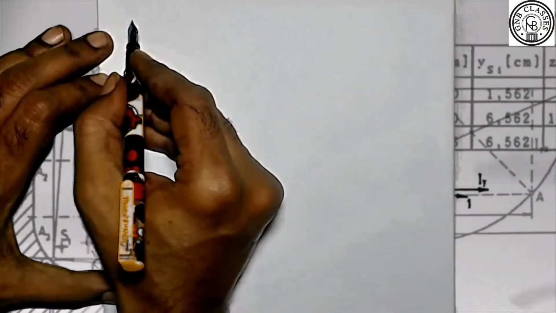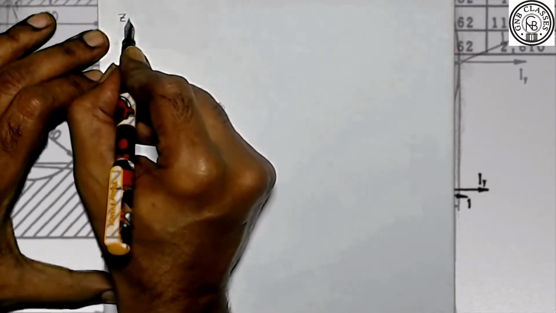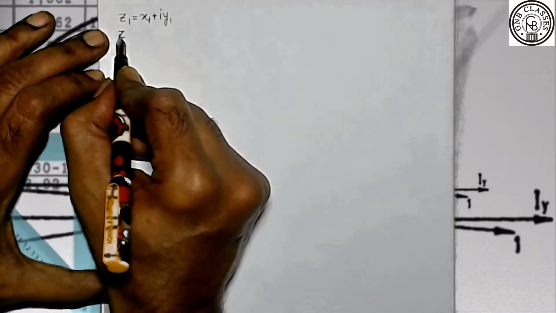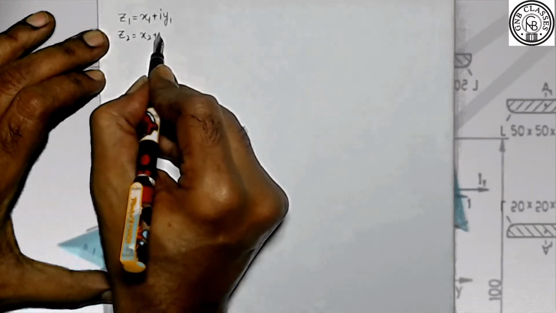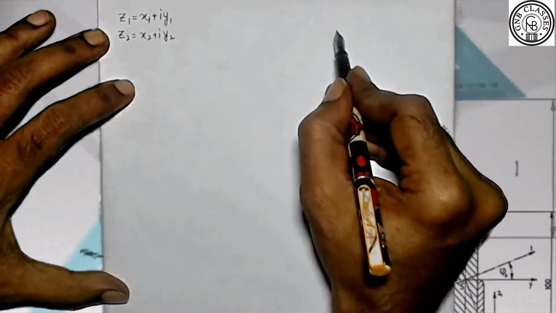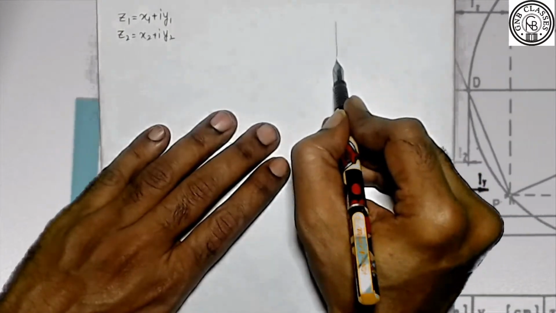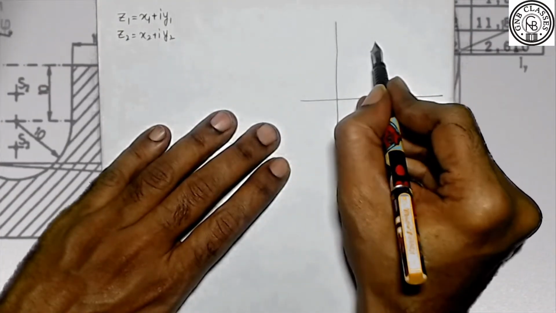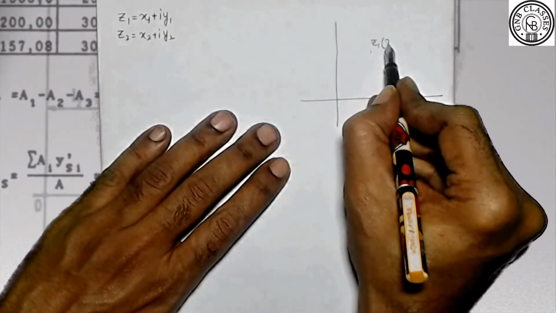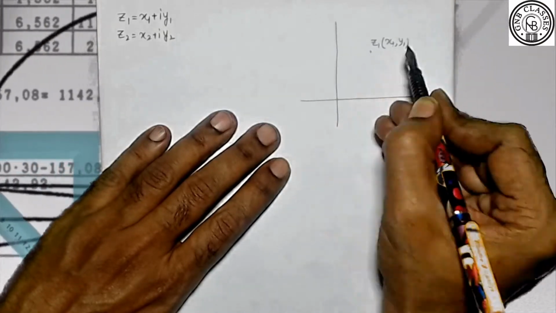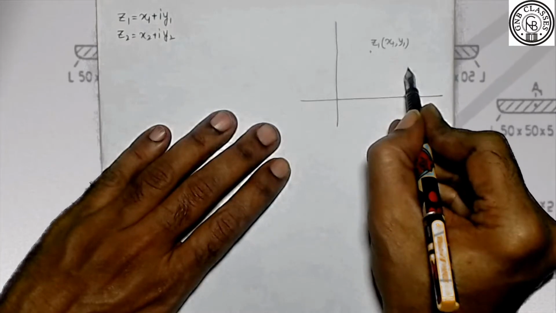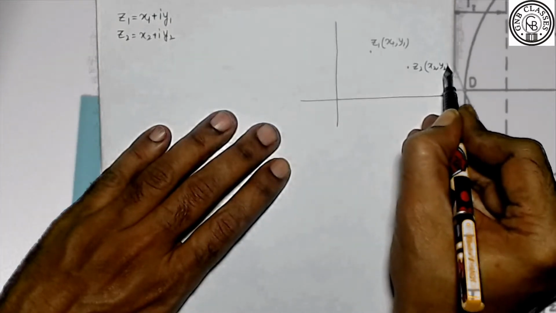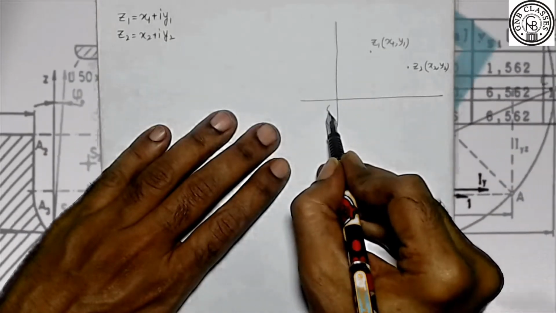Let us consider two complex numbers, x1 plus iota y1 and x2 plus iota y2. And let me plot them on an Argand plane. Say one point is here, z1 is x1 plus iota y1, and this one is z2, it is x2 comma y2. This is the origin.